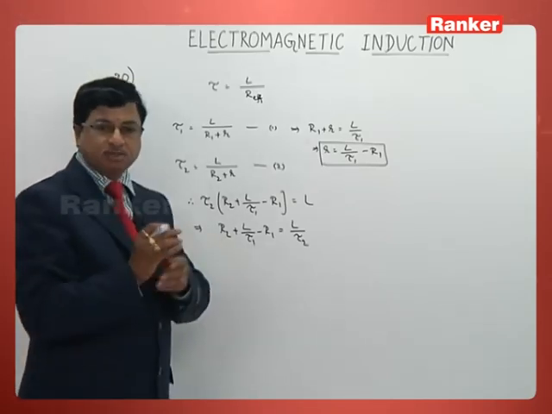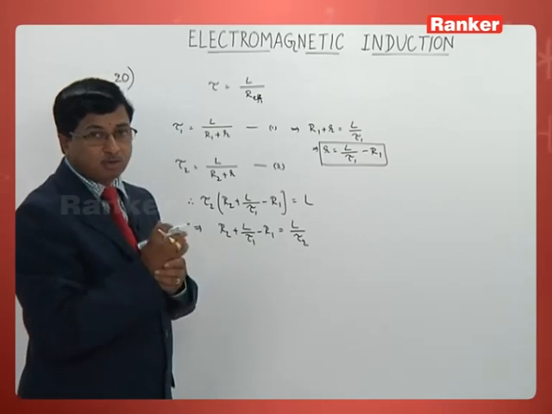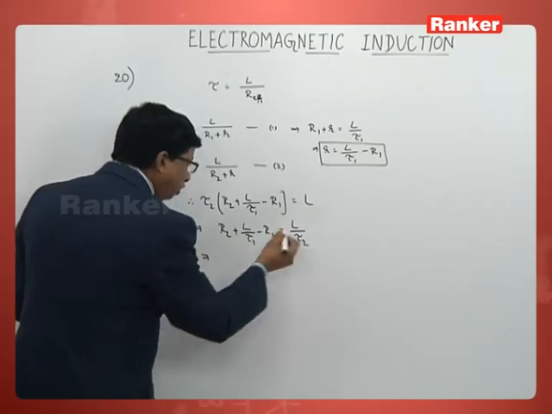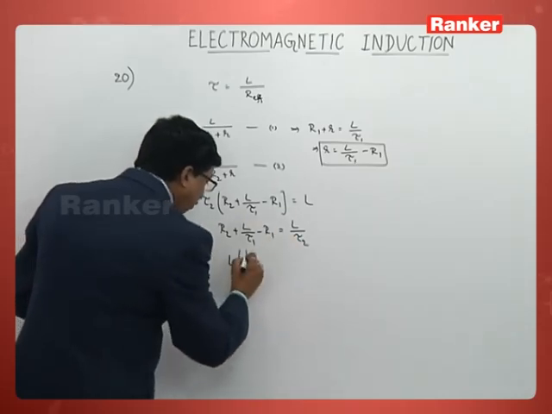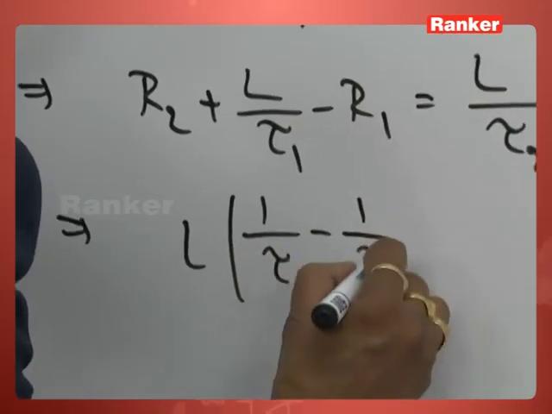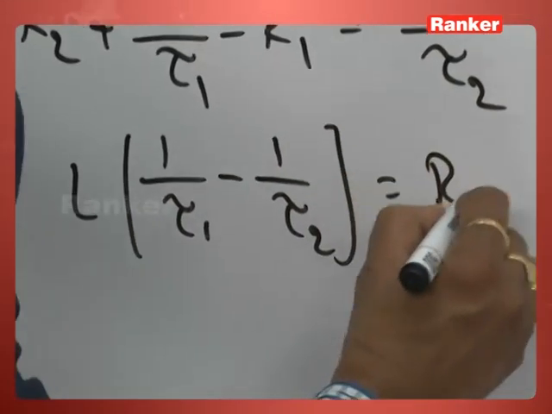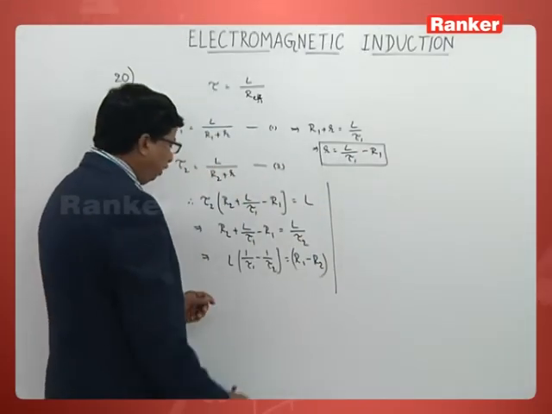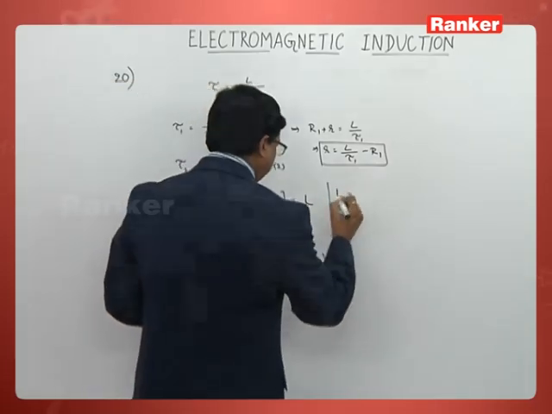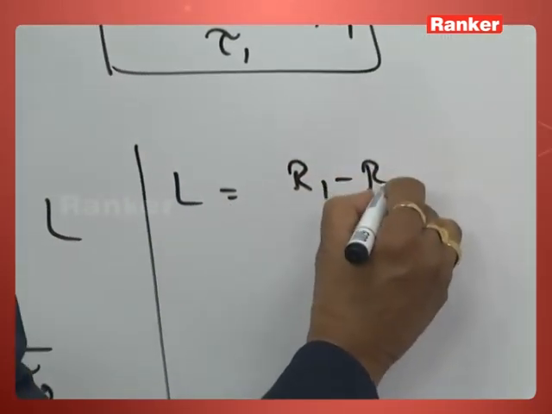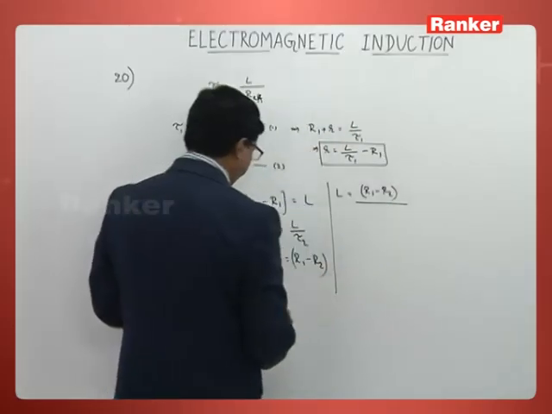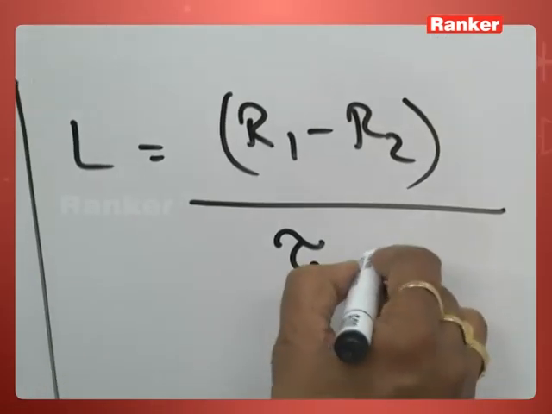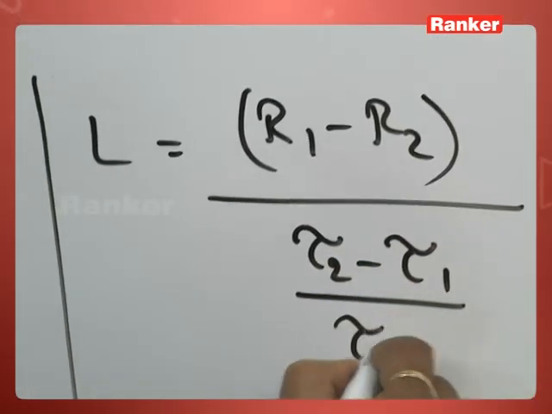Now all these options give R1 minus R2, so bring R1 and R2 to this side and L by tau 2 to the other side: L into 1 by tau 1 minus 1 by tau 2 is equal to R1 minus R2. Now you can directly write L becomes R1 minus R2 whole divided by tau 2 minus tau 1 by tau 1 tau 2.